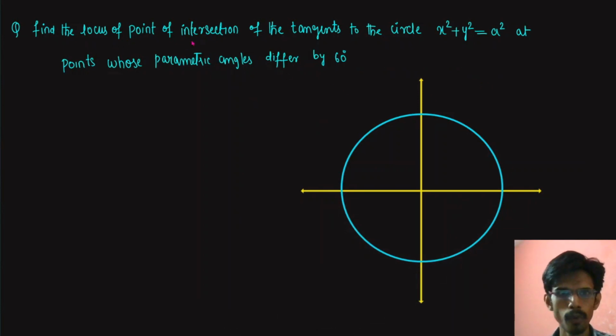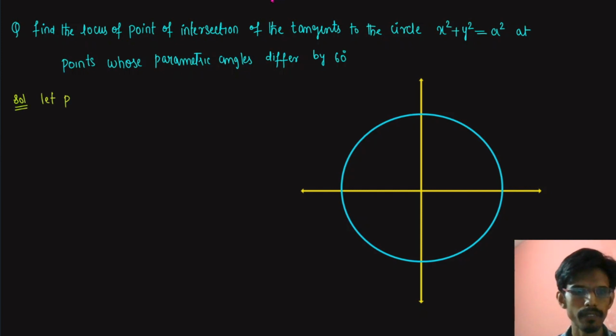Find the locus of the point of intersection of the tangents to the circle x square plus y square equal to a square at points whose parametric angles differ by 60 degrees. Okay. Now let the first point be P of a cos theta comma a sin theta.